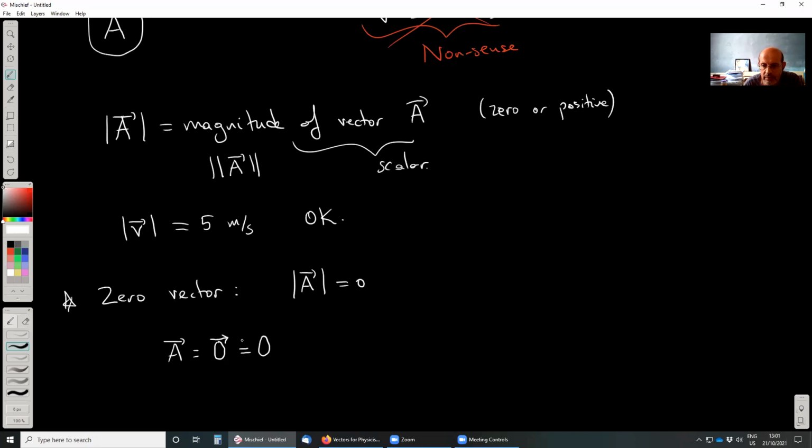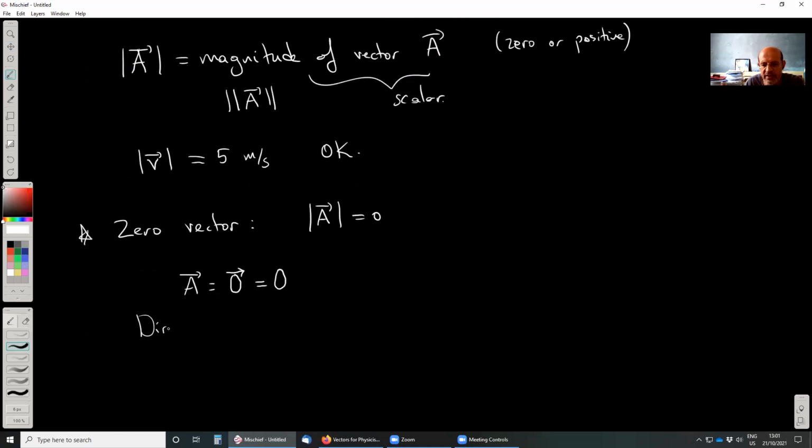Does the zero vector have a direction? Direction is meaningless. You cannot have different zero vectors because they have different directions. So the direction for a zero vector is meaningless. Or you can say that any direction is a possible direction for a zero vector, if you want.